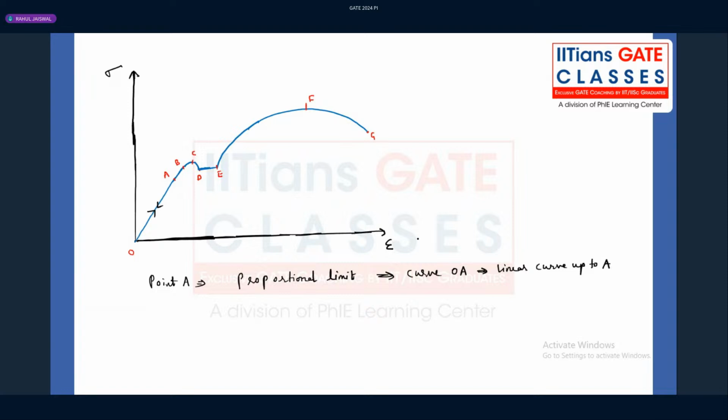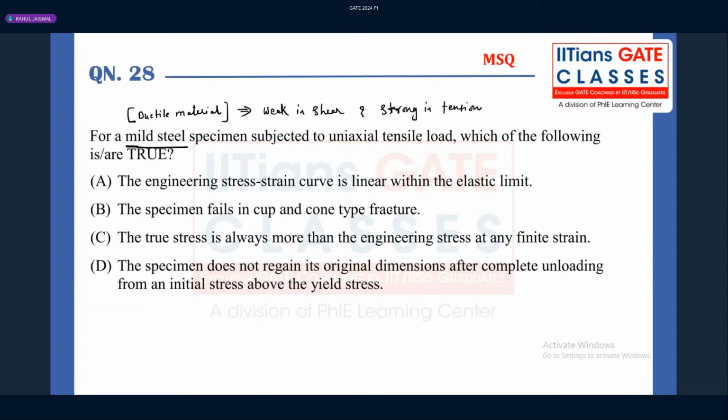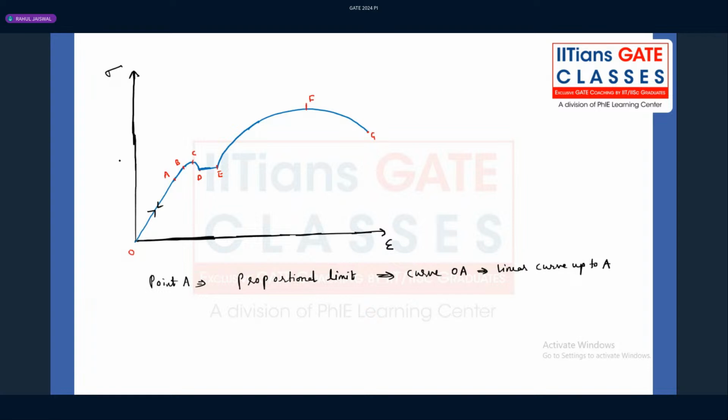So what they have mentioned in statement number 1, the engineering stress strain curve is linear within the elastic limit. See, it is linear up to the point A, but beyond the point A, the curve is a little bit non-linear. If you zoom in, it is like this. There is a little variation from point A to B. It is not a straight line.